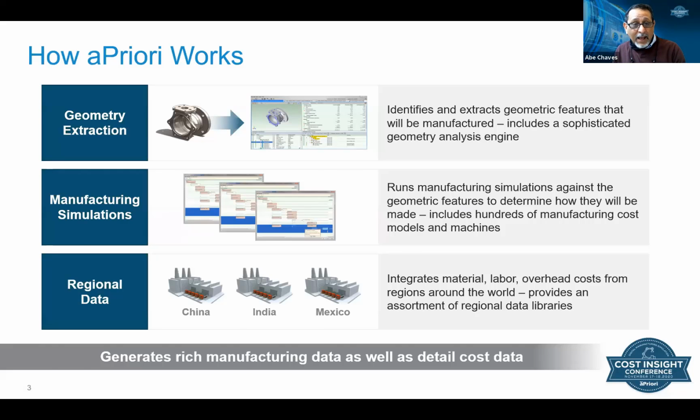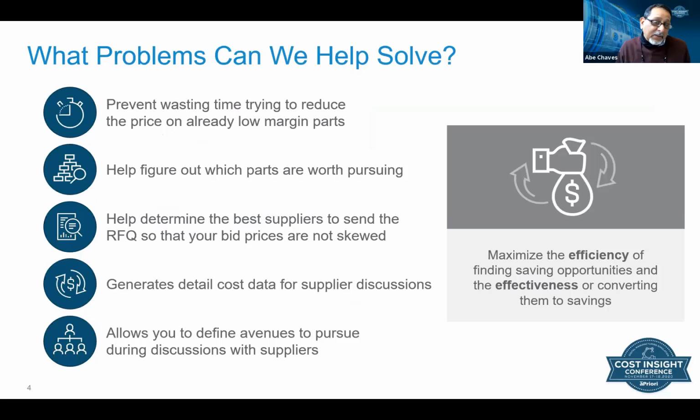And armed with that, we can help the sourcing professional in many ways, right? Because we're generating estimates, we can basically help you figure out which parts you might be overpaying, or it might be more expensive than what the aPriori estimate is. And so that you can focus your time on just the parts that are worth pursuing, right? And that makes you obviously much more efficient.